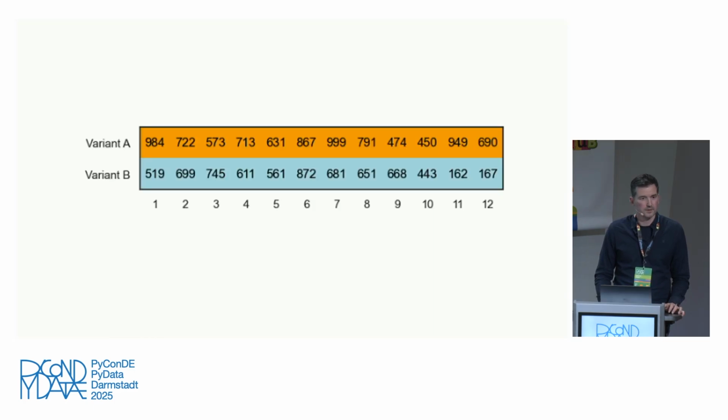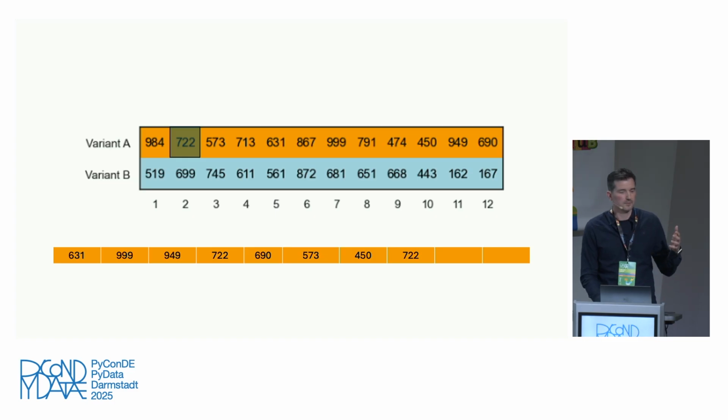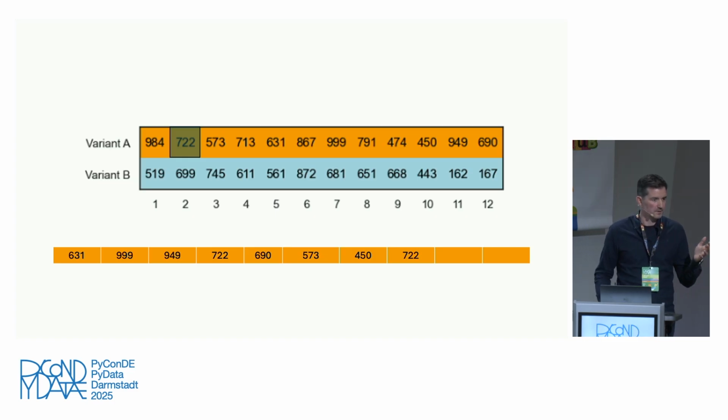In this case, again, we have our original variant A and variant B. And we just want to sample from this. With replacement means I just randomly take numbers from this. It needs to be the same size. Of course, as you can imagine, usually this is much larger. The important thing is, if I would do it without replacement, then I would always end up with the same array, right?